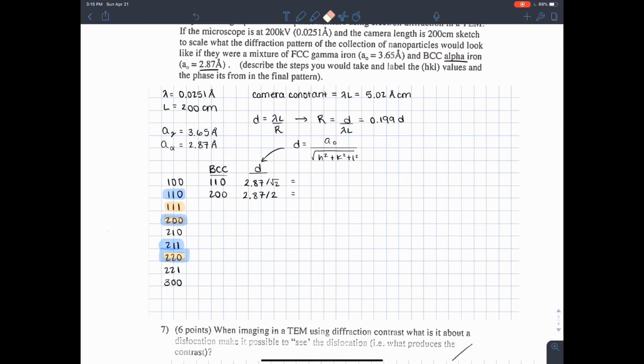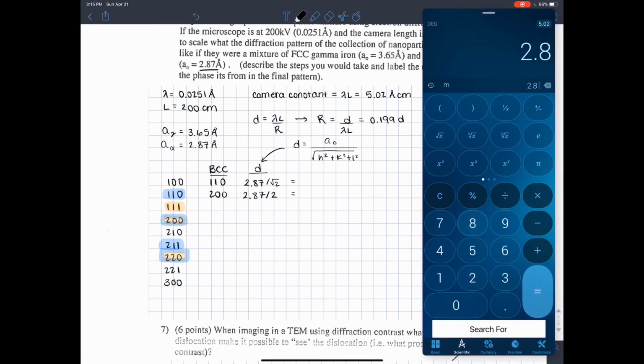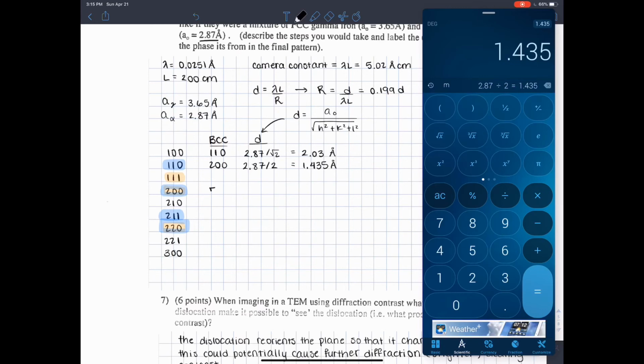We can do all that math. I'm just going to do 2 planes per BCC and FCC. I think that's more than enough. So the d-spacing for 110 is going to be 2.03 angstroms. For the 200, it's going to be about 1.435 angstroms using that math.